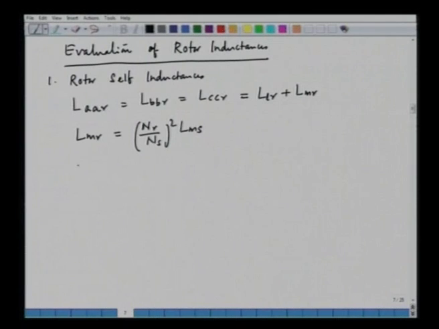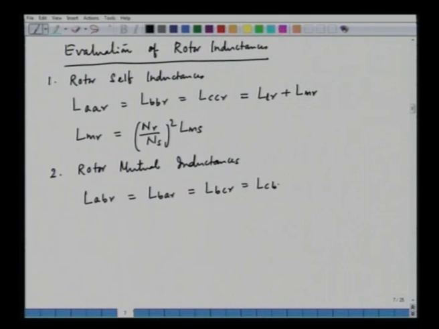We can evaluate similarly the rotor mutual inductance. Now, LABR is equal to LBAR is equal to LBCR is equal to LCBR is equal to LCAR is equal to LACR.